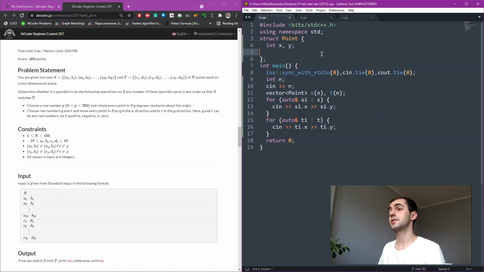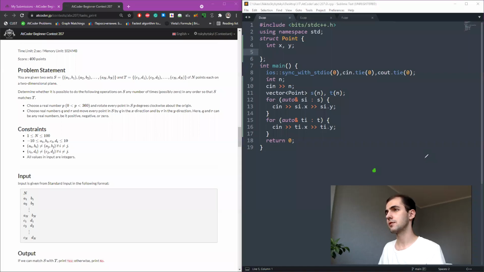Now, what is the simplest way of checking whether the result is going to be correct or not? My claim is that every point is uniquely determined by its distance. We have 2 points, right? For example, they were here in S, and they went into some points of T. Every other point is now uniquely determined as to where it goes.